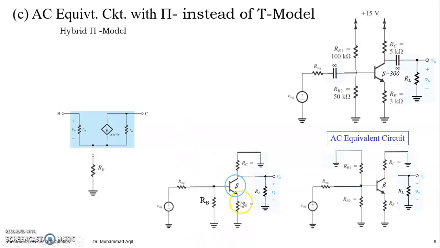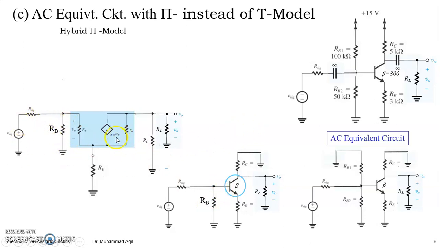Place the discrete components in this circuit with the model of this transistor. So this is the model. Besides this, other things need to be connected as they are. At the collector side, you have the discrete collector resistance and the load. The capacitor is shorted, and at the base, you have RB to ground and R signal.